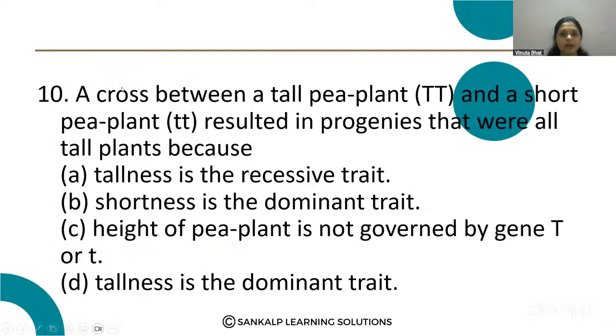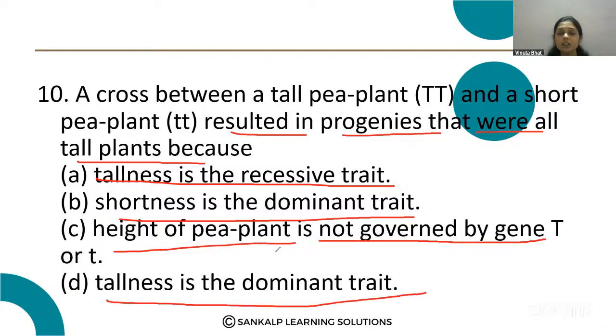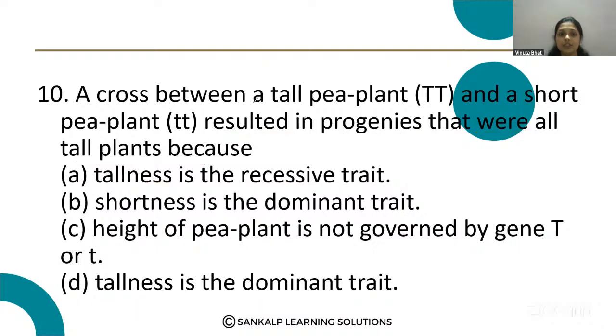Next question. A cross between a tall pea plant, that is TT, and a short pea plant, small t, resulted in progenies that were all tall plants because tallness is the dominant trait and shortness is the recessive trait. What happens in the F1 generation plants?